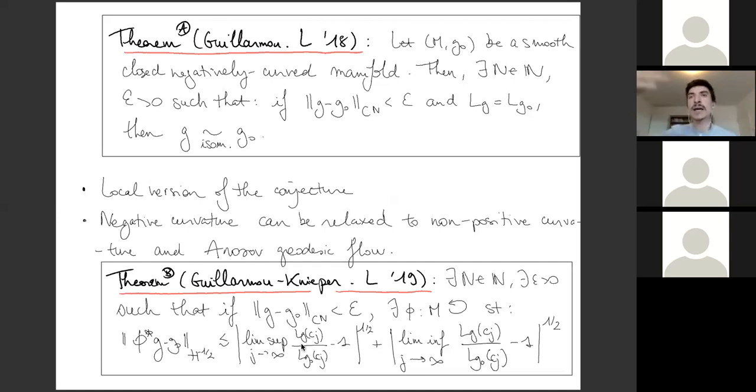So we only need what we call the asymptotic Mark-Lane spectrum. Here we have the lim sup and then the lim inf.